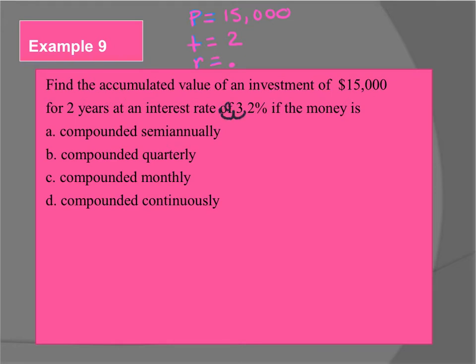So it would be 0.032. So you always have to change your percent to the decimal. Because for percents you have to divide by 100 to move it to a decimal. So that's why you move it twice.